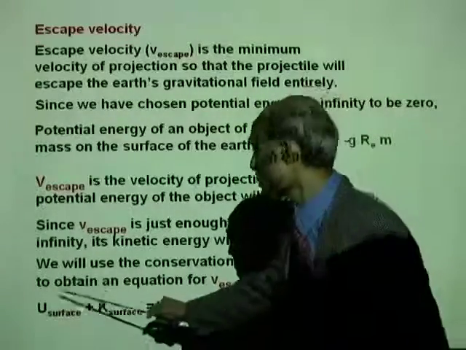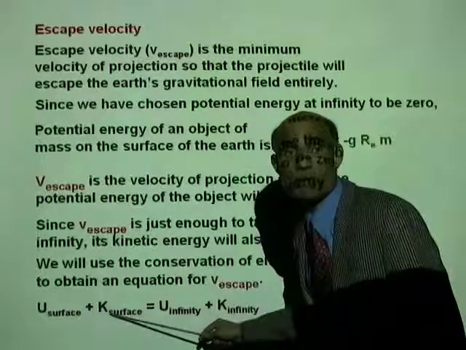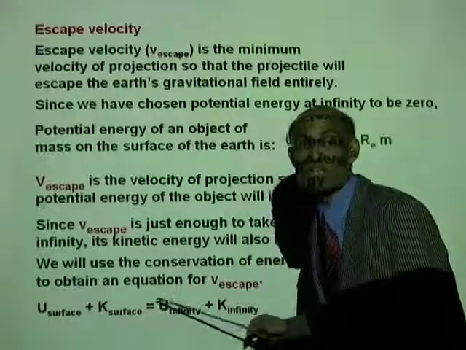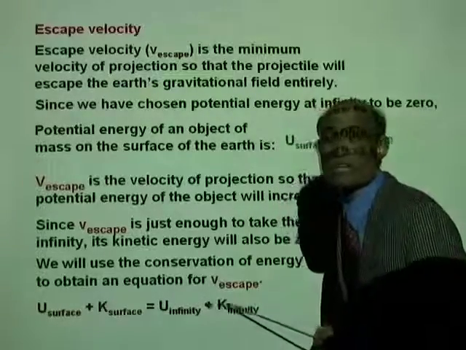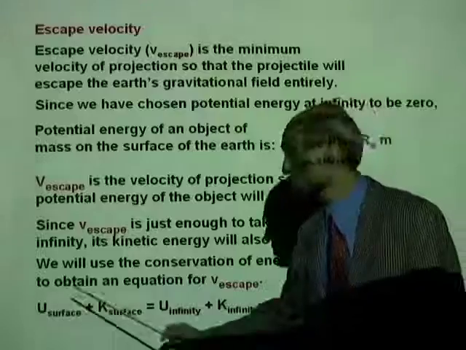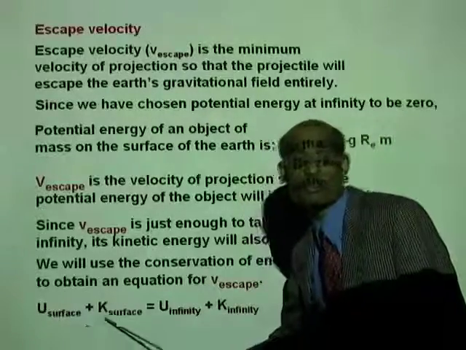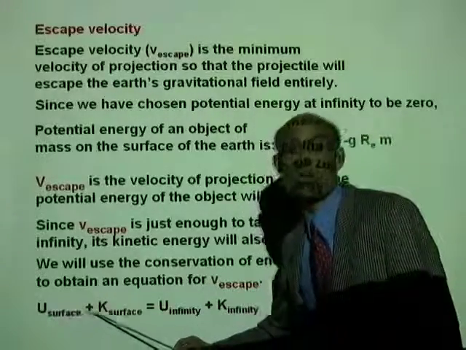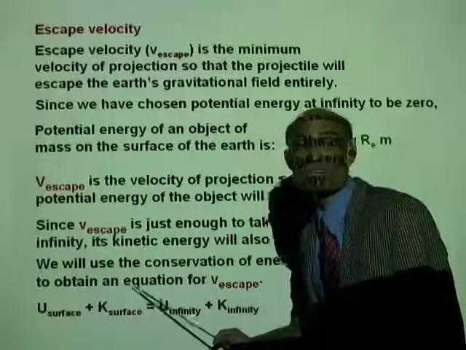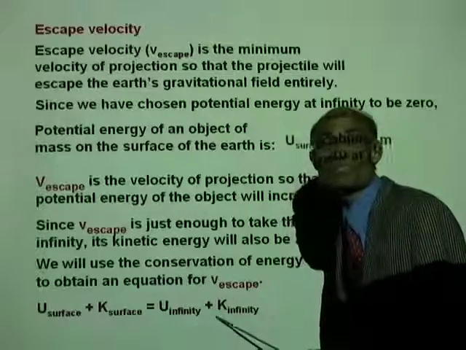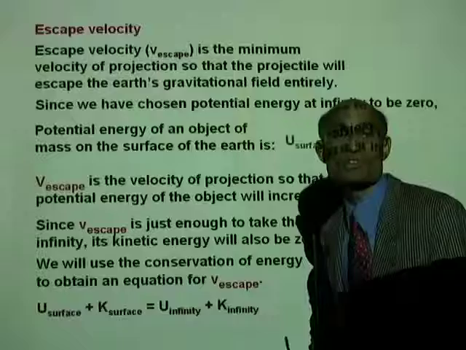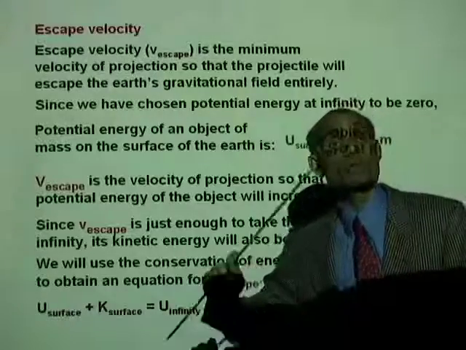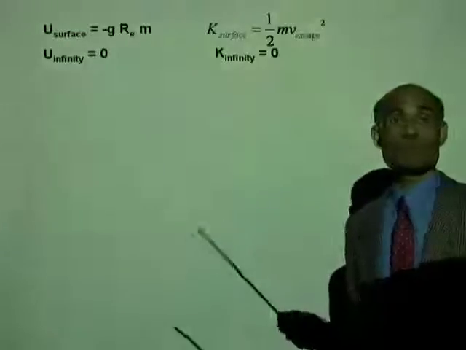Alright, so U surface plus K surface equals U infinity plus K infinity. The sum of the potential and kinetic energies of an object on the surface of the earth must be equal to the sum of the potential and kinetic energies of the object at infinity.